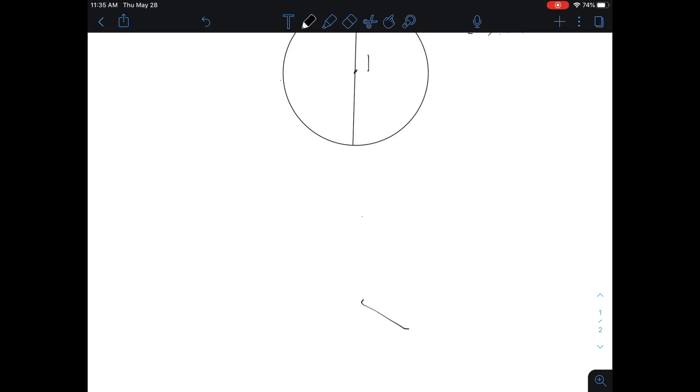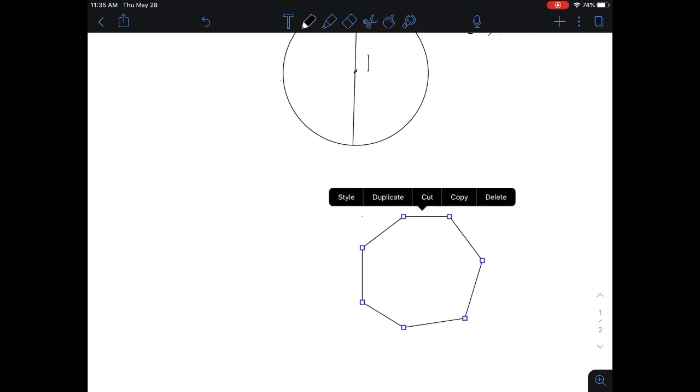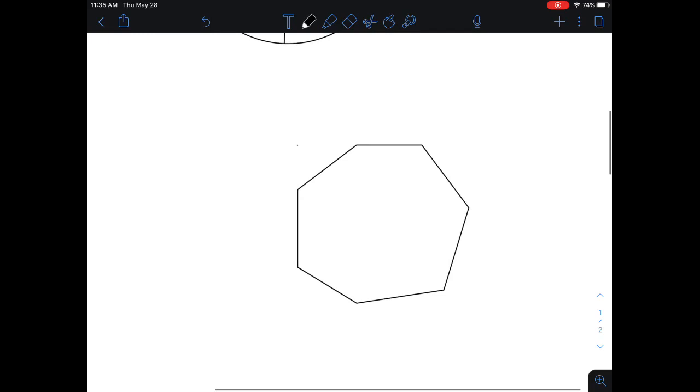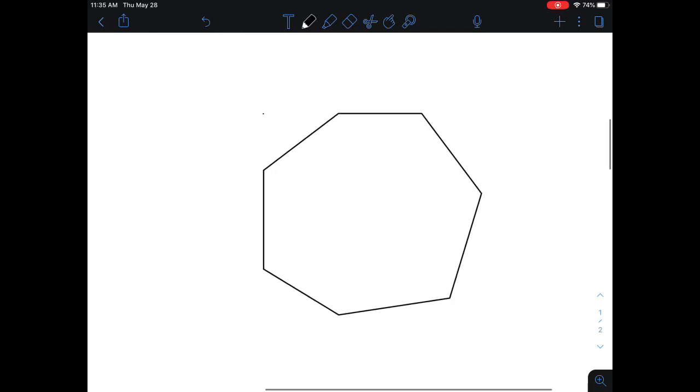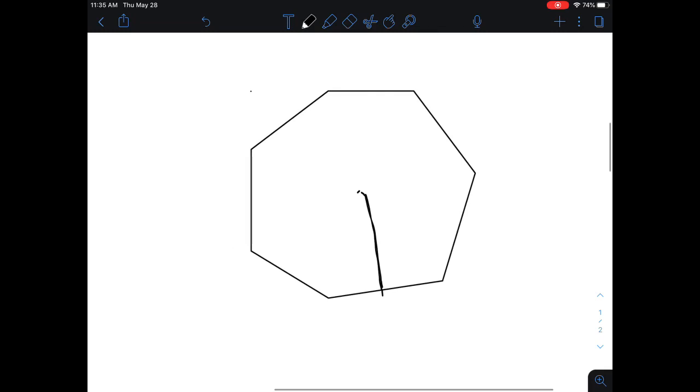So first you can start off with maybe an octagon. This is a bad drawing, but just imagine that's an octagon. And then you find this distance here, which is similar to the radius. It's called the apothem. And you'd find the ratio of that to the perimeter.